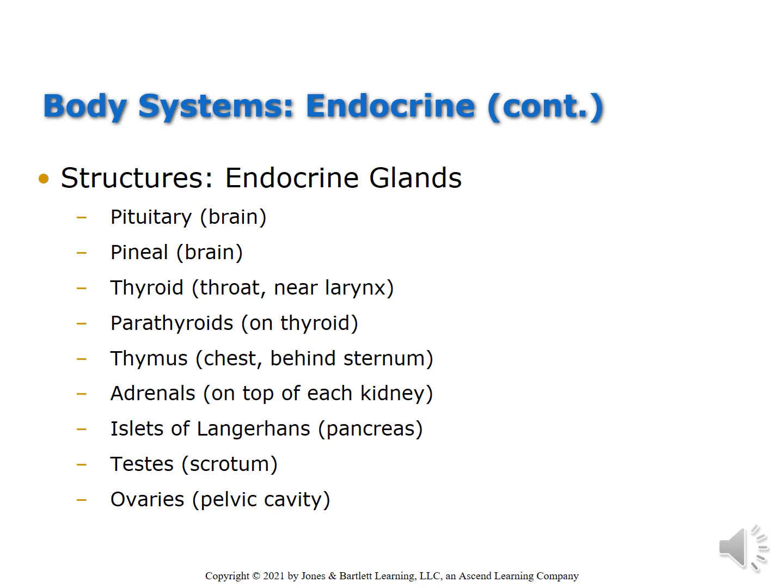The islets of Langerhans in the pancreas help produce insulin, which is a chemical messenger hormone very important in glucose metabolism. And the testes and the ovaries are also affected by hormones released by the pituitary gland in the maintenance of sexual activity.